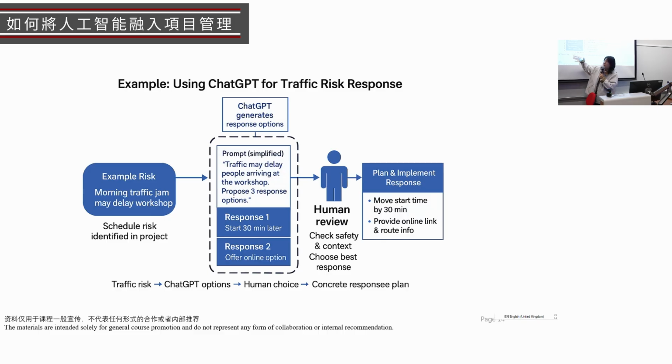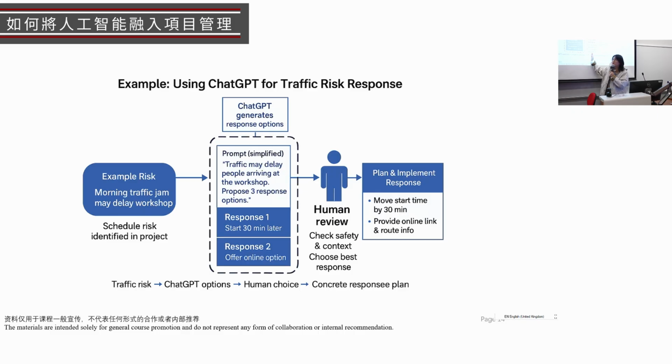Let's take ChatGPT as an example. You can use a very simple prompt to ask it, and let GPT give you some responses. At least two responses, and that is the first step we mentioned.